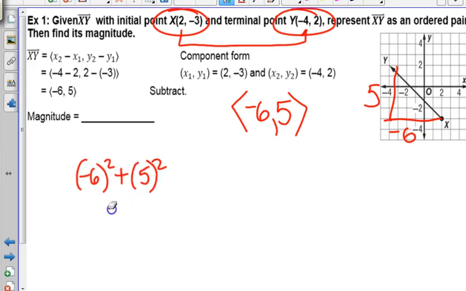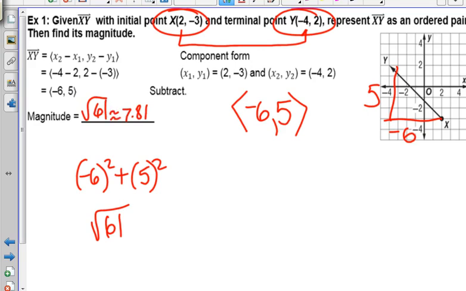So 36 and 25 is what, 61? Square root of 61, or, oh my goodness, I can't even do it when it's right in front of me. Square root of 61 or 7.81.